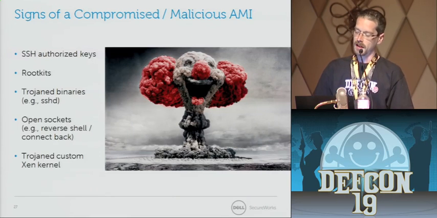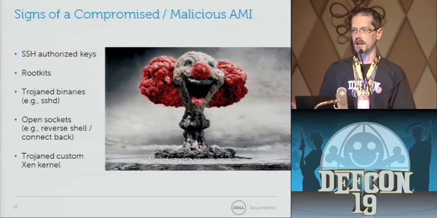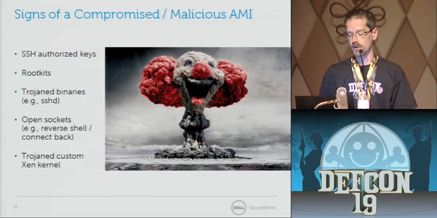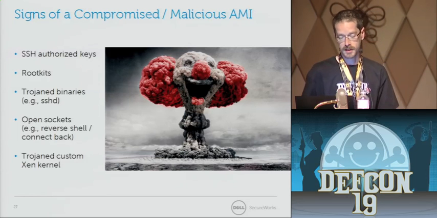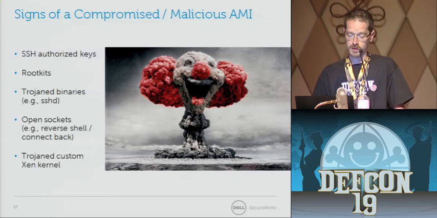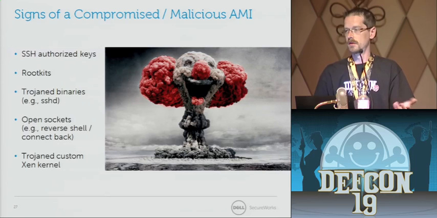And then we tried to look a little bit for signs of a malicious AMI. This is primarily the SSH authorized keys. There are possibilities for rootkits, Trojan binaries, reverse shells, connect-backs, those sorts of things. With the PV-GRUB kernels that they support now, you can run your own kernel on EC2, so you could backdoor the kernel directly if you wanted to.